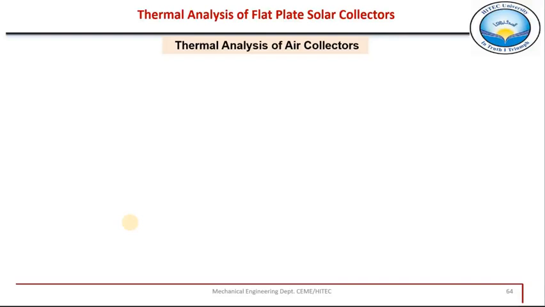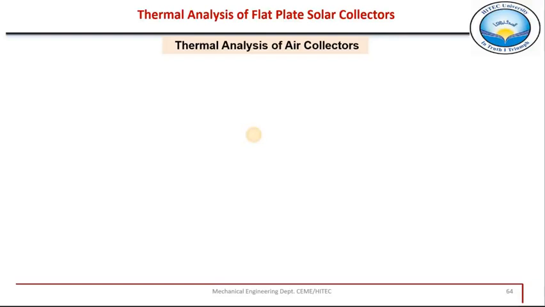Instead, we need a larger area for the air to flow, because air occupies more volume compared to liquid water or the liquid solar fluids. Because it is a gas which occupies a much larger volume for the same amount of mass, we need a larger flow passage in the case of air collectors.